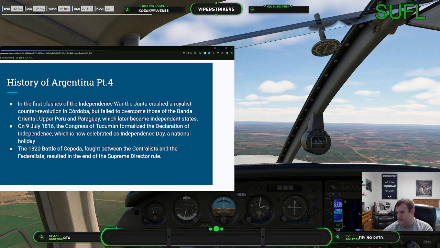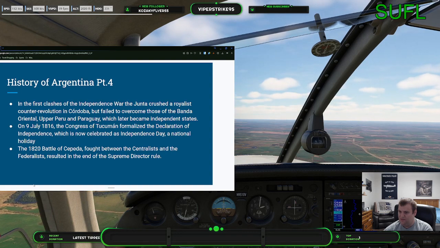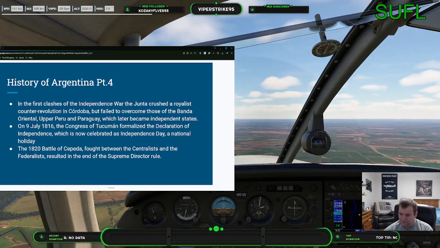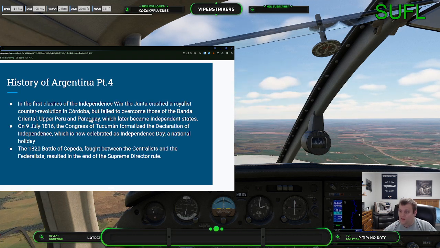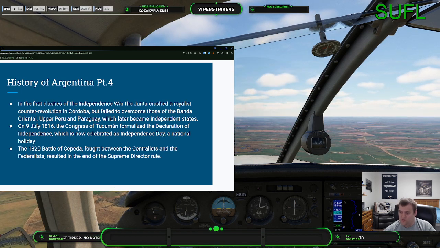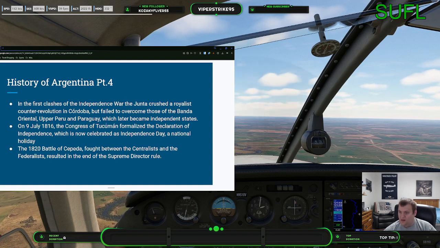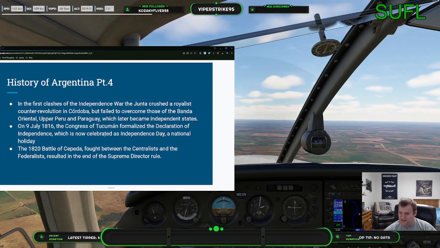In some of the first clashes of the Independence War, the Junta crushed the Royalist counter-revolution, but failed to overcome those other independent states. And then you have the French Argentine Hippolyte Bouchard, who began to wage war against Spain and secured the Argentine navy.